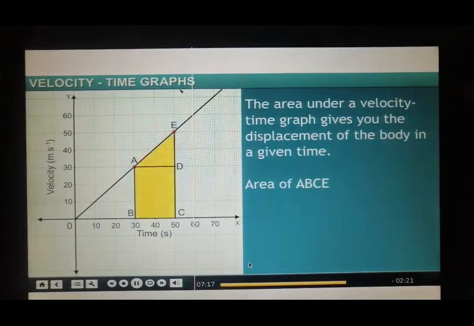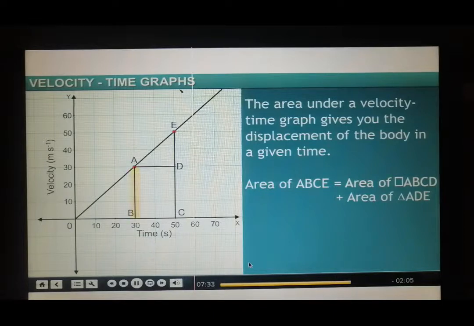The area under the velocity time graph between points A and E is the sum of the areas of the rectangle ABCD and the triangle ADE. The area of the rectangle ABCD is the product of its length AB and its breadth BC.